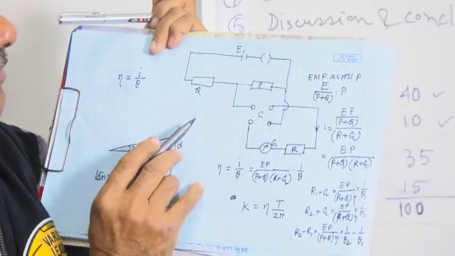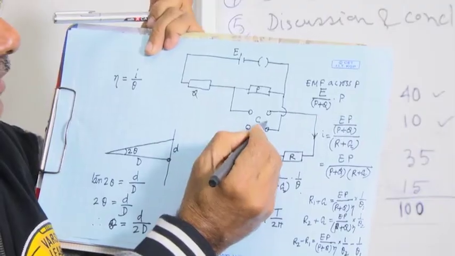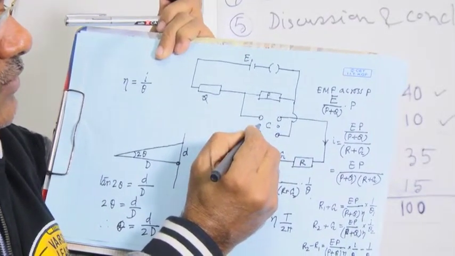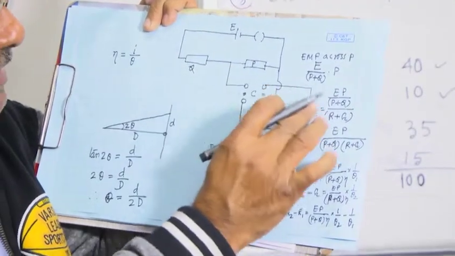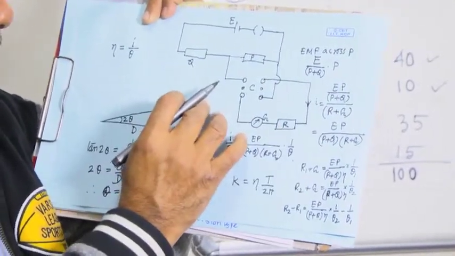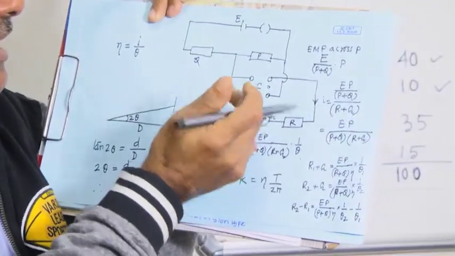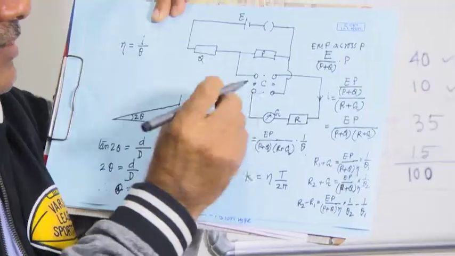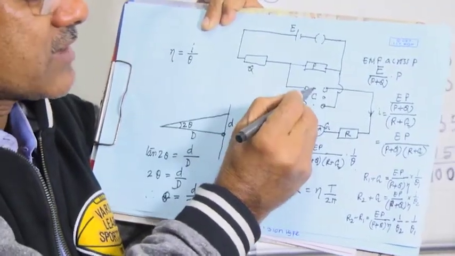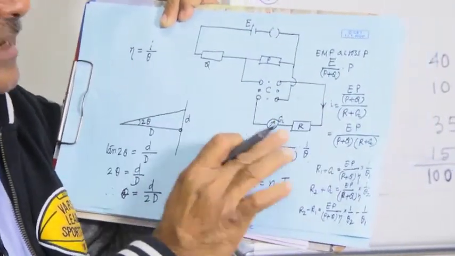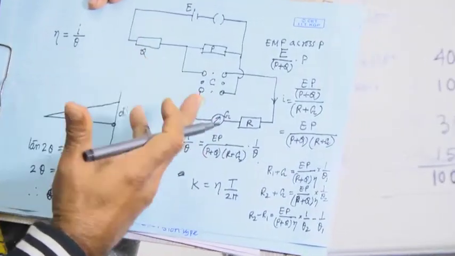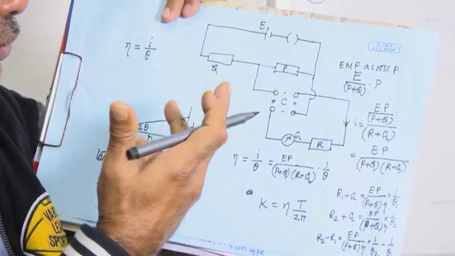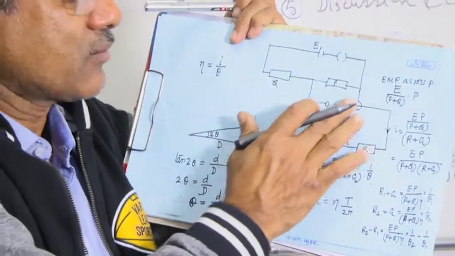Now when you close these two, you can reverse the direction of the current if you open these two and close the other two. This is the standard procedure to reverse the current in the circuit, so that we have added here.